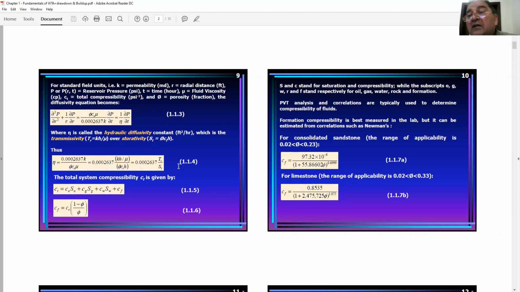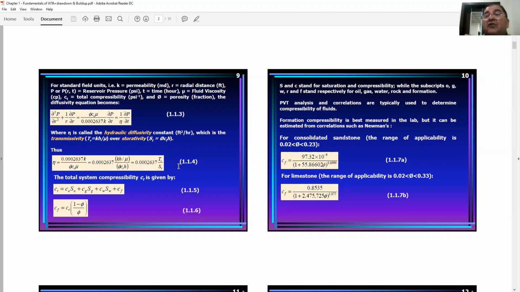What does it mean? Let us say that we have r_w as the reference distance. What is r_w? Wellbore radius. Do we know the wellbore radius? Of course, we know it. Let me say 6 inches, so it is 0.5 feet. So we know r_w.